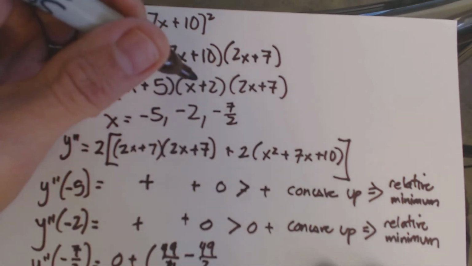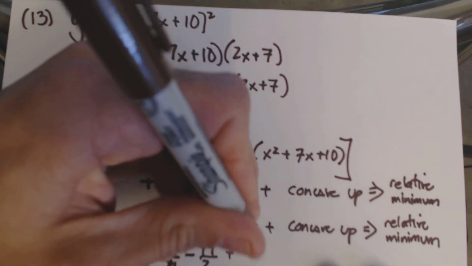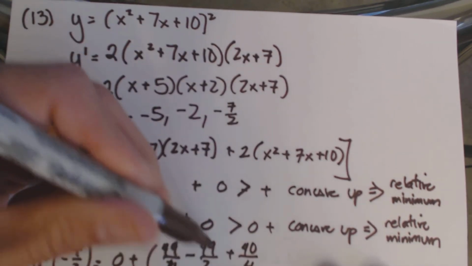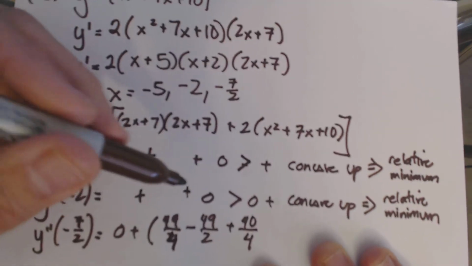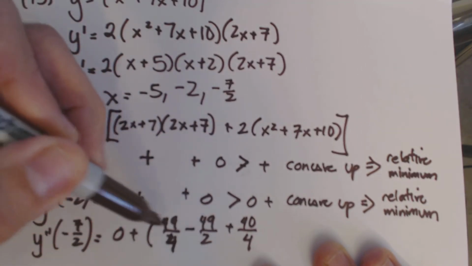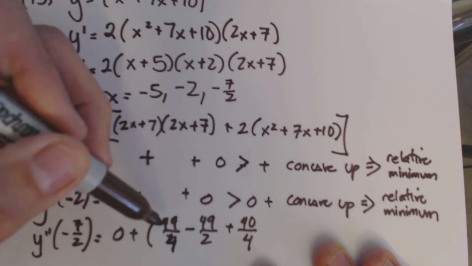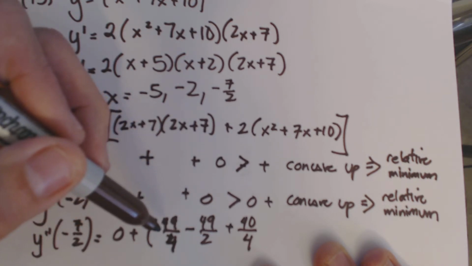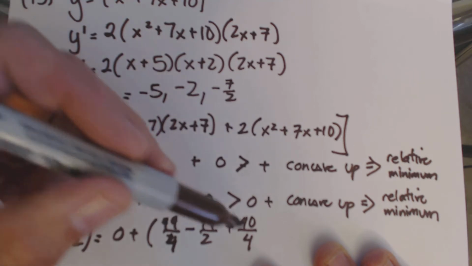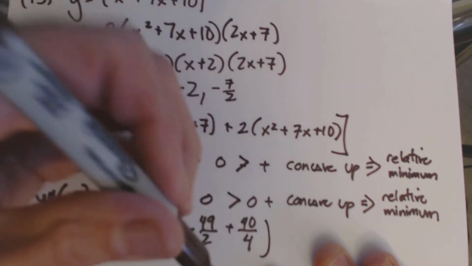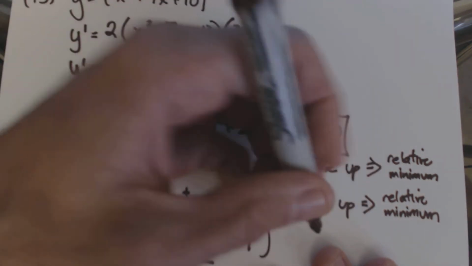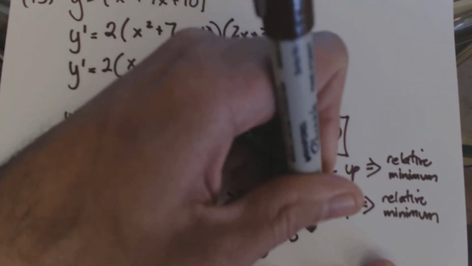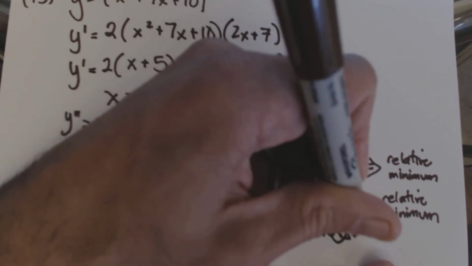So let's turn it all into fourths. So plus 40 fourths. This is going to be 98 fourths. 49 minus 98 is going to be negative 49 fourths. Plus 40 fourths. Making this whole expression negative. It's going to be negative 9 fourths. And so that means it's going to be less than 0, so it's concave down.